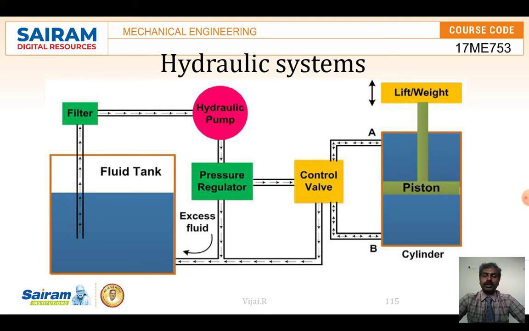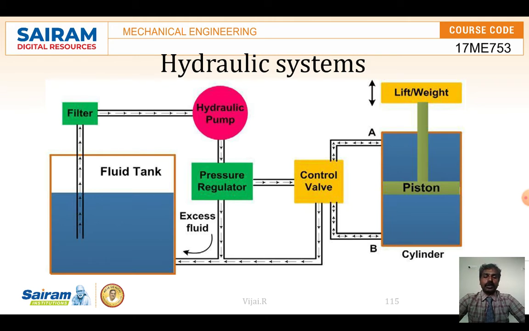These must be removed because they will affect the entire pump, the piston area and the cylinders. So the foreign particles are filtered out here itself, and the liquid goes through the pressure regulator. If the pressure is normal, it goes to the control valve.